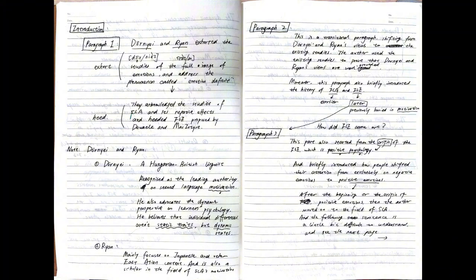In paragraph 3, this part also started from the origin of FLE. Just like paragraph 2 has already introduced, and paragraph 1 also introduced FLE. In paragraph 3, the authors then tried to introduce this concept in a more detailed way.